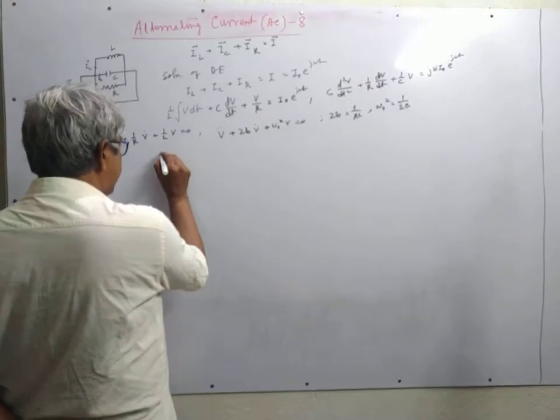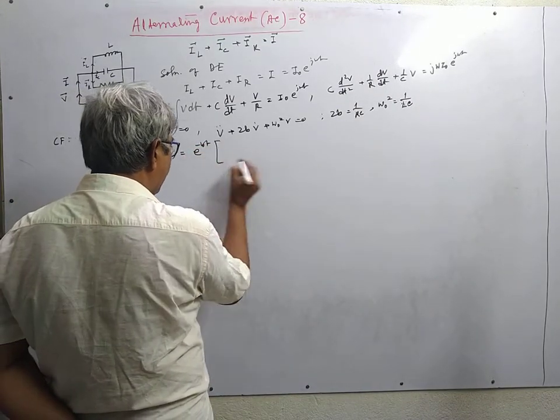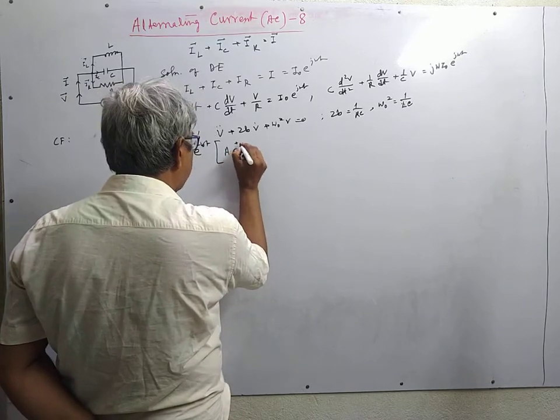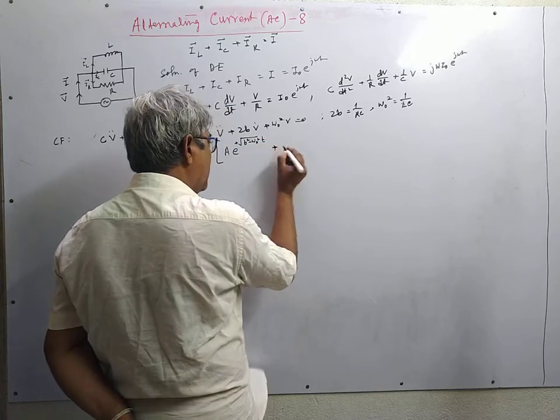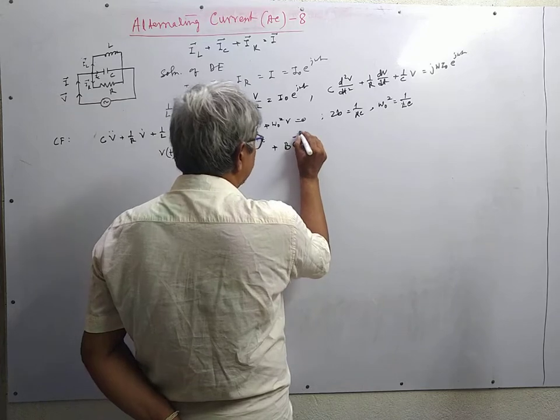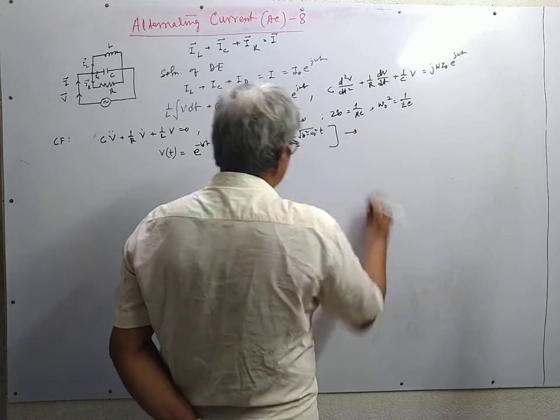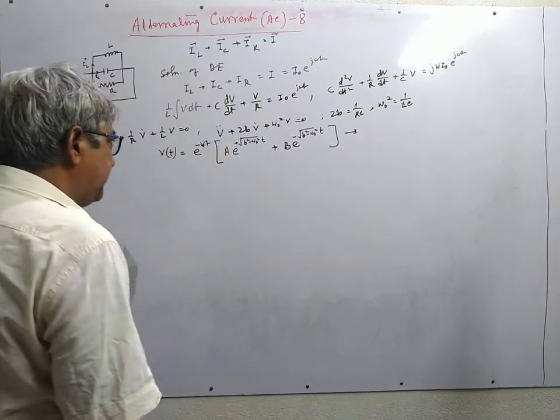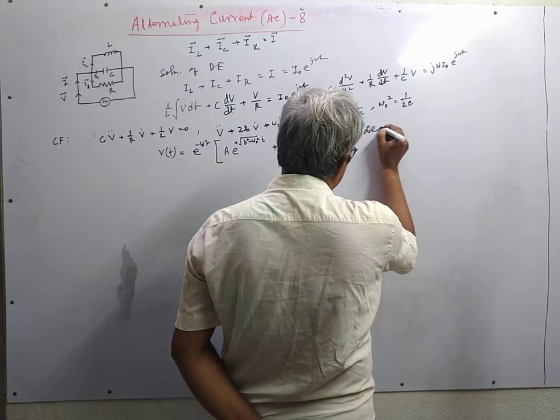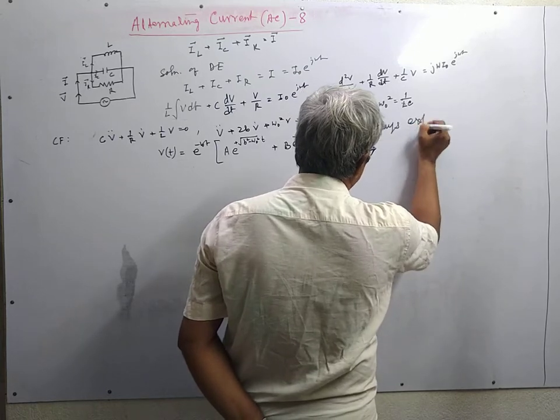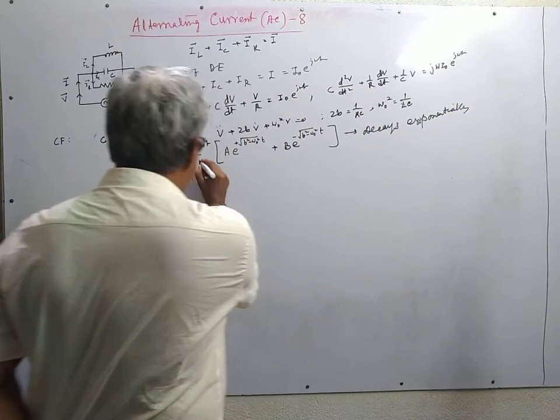The solution is V as a function of t is equal to e to the power minus bt, times A e to the power plus square root of b square minus omega 0 square t, plus B e to the power minus square root of b square minus omega 0 square t. Whatever the relative magnitude of b and omega 0, it dies off exponentially because of the predominant factor.